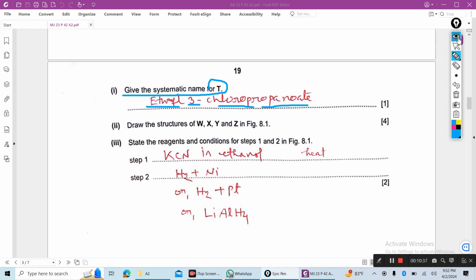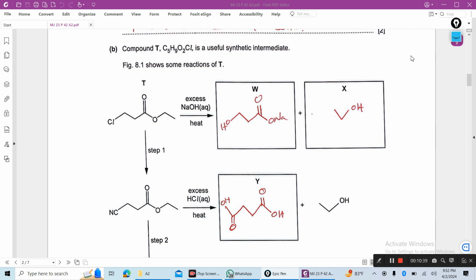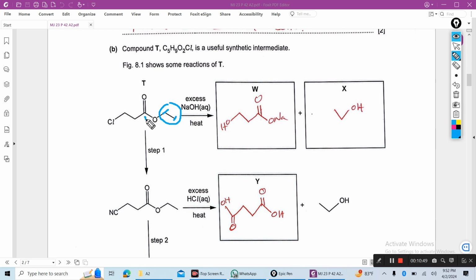T, you see the name, ethyl, here CH3CH2 is ethyl. 1 2 3, the number 3 carbon contains chlorine, so 3-chloro, and the 3-carbon alkanoate is propanoate.